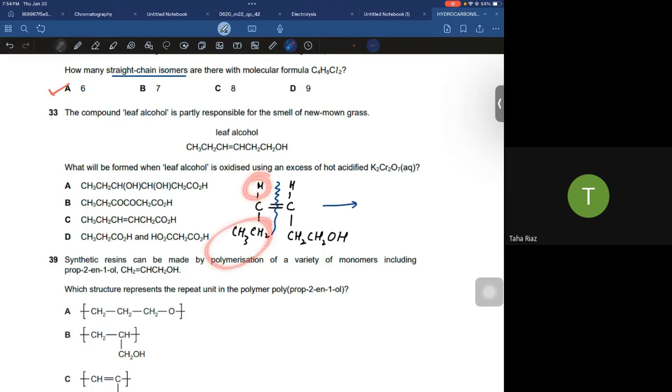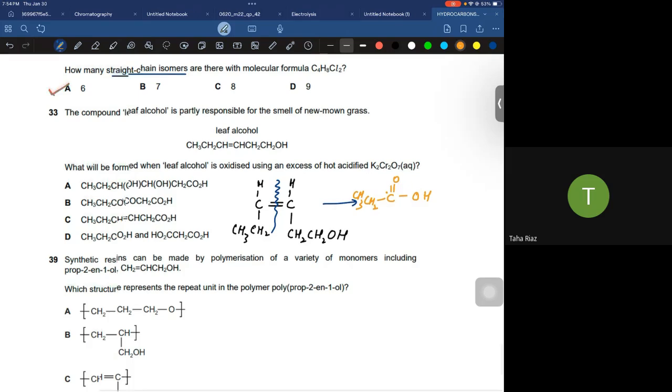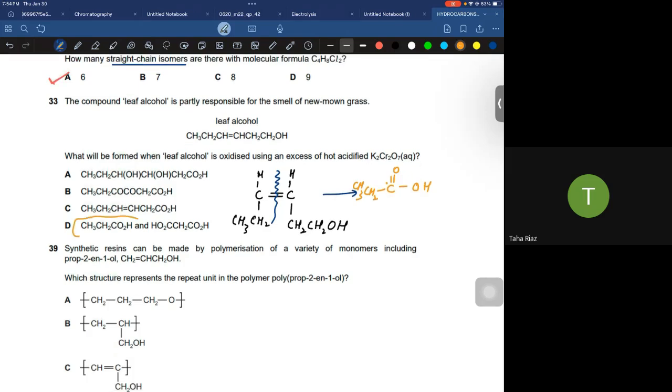Then H and R. So carboxylic acid would be produced. C double bond O, then OH, and before that CH2, then CH3. Carboxylic acid. There's only one option. With eyes closed, D for doctor, because this is hot KMnO4. In hot, ultimately the double bond would be breaking down to give you this structure. That's it.